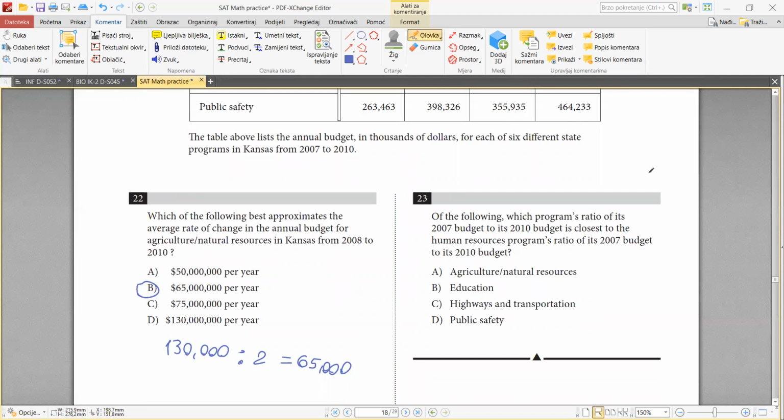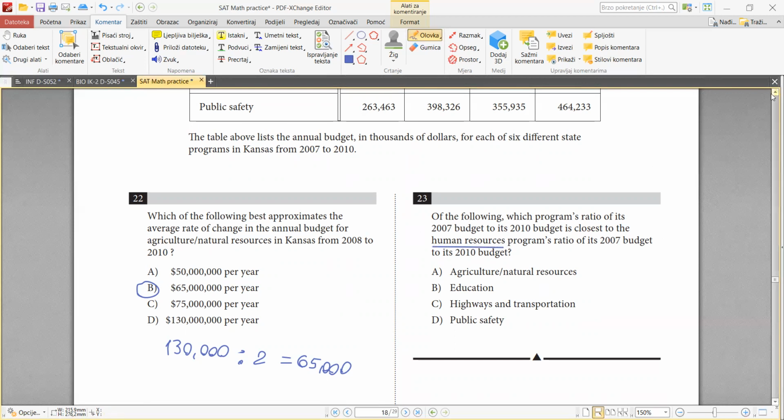Question number 23. Of the following, which program's ratio of its 2007 budget to its 2010 budget is closest to the human resources program ratio of its 2007 to its 2010 budget?